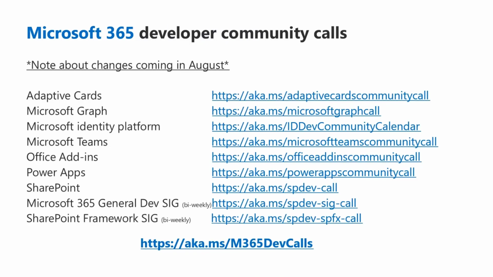We have a number of different developer community calls that are ongoing. Take a look at aka.ms/m365dev calls. One thing we want to make a note of, and we'll dive into this a little deeper in some of our future months: the scheduling for our various calls, a number of them are going to be combining into a shared M365 developer community call.